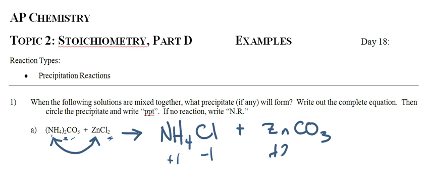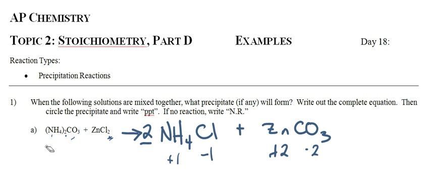And the carbonate, based on memorizing 10 polyatomics, has a -2 charge. So my compounds are balanced as written. However, I don't have the same number of atoms on both sides. You'll notice that there's a 2 over here for the ammonium. You'll notice there's a 2 here for the zinc. So what that means is I need to have 2 ammoniums and 2 chlorines.